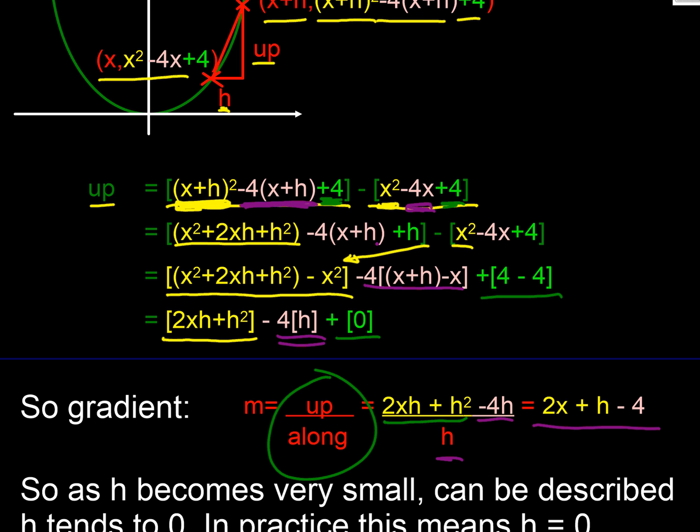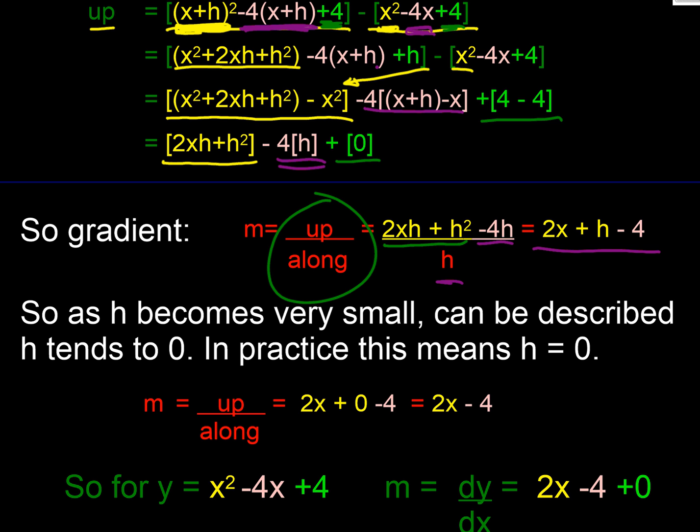And as we did before, when we make this a very, very small triangle, our h value effectively goes to 0. So what we end up with is an m value, our gradient here. Our gradient is going to be the 2x coming from our x squared term, and the minus 4 coming from our minus 4x term.